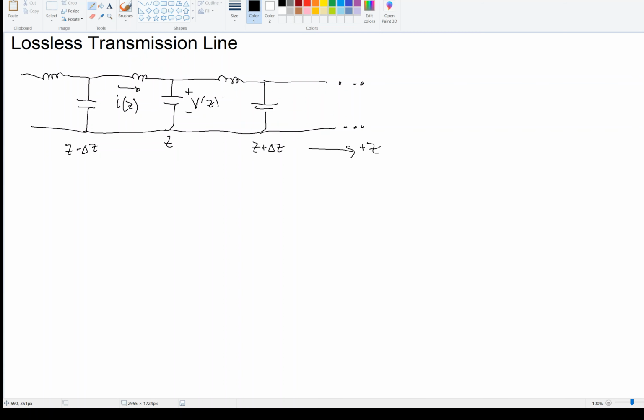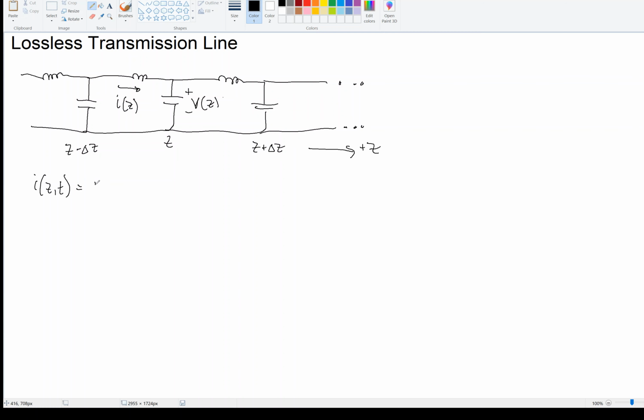So we can write a KCL equation at this node, and to do that we would say that the current going in, and I'm going to show the time dependence here, I of z and t, is equal to the current going through the capacitor, so that current is C dV/dt, remember from circuit analysis.